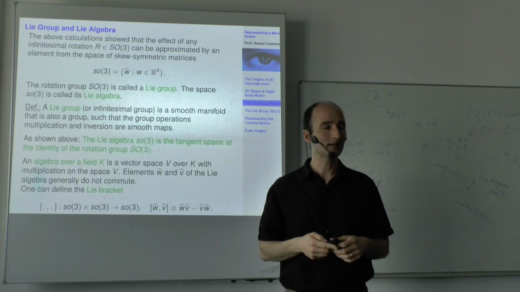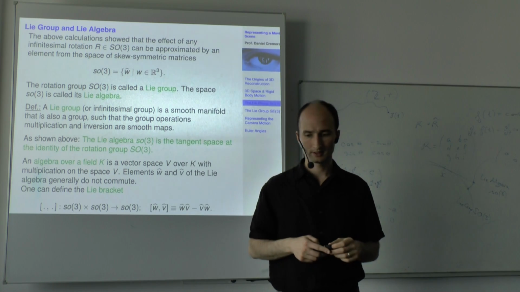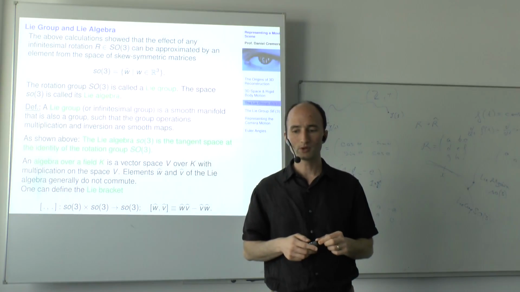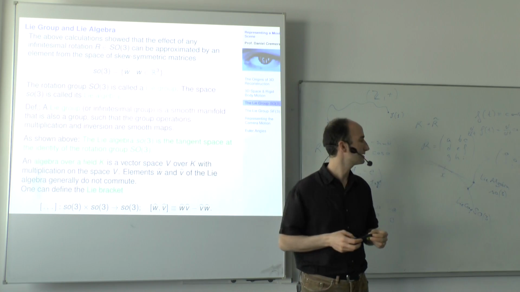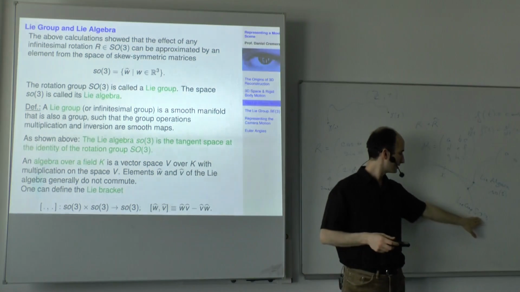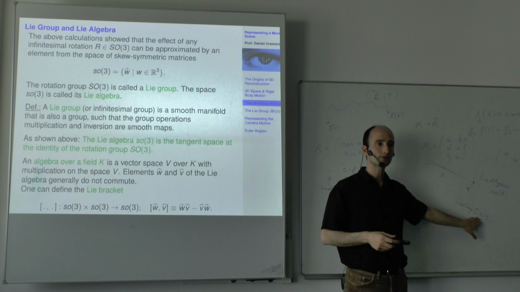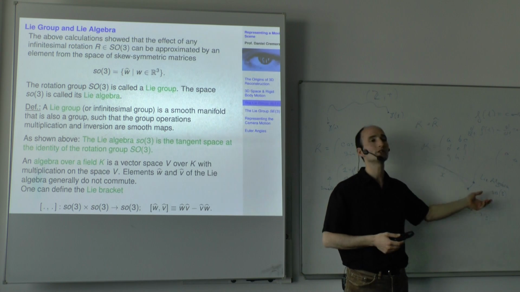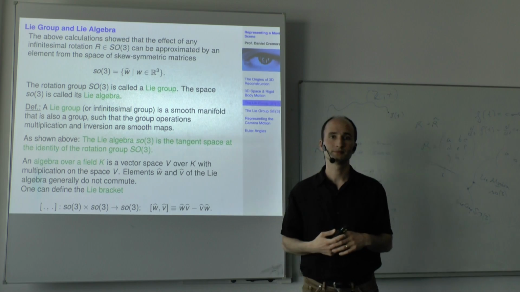But it can be applied to other groups. The two Lie groups that we will study in this class are the rotation matrices, SO(3), and the special Euclidean group, rigid body transformations, SE(3), that is rotation and translation.